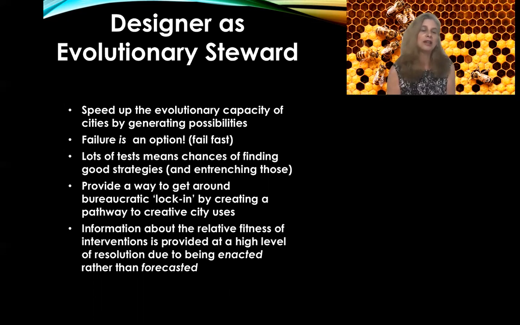The other thing is about information about relative fitness of interventions is provided at a high level of resolution due to being enacted rather than forecasted. So this is something very important to me. And I talked about it last year with many of you when I talked about community consultation processes. People are very poor predictors of what they actually want to do.